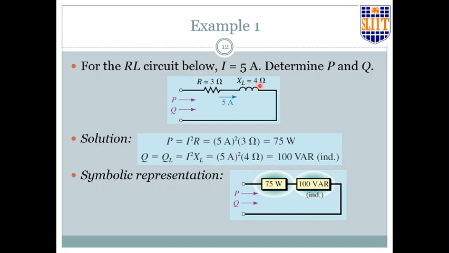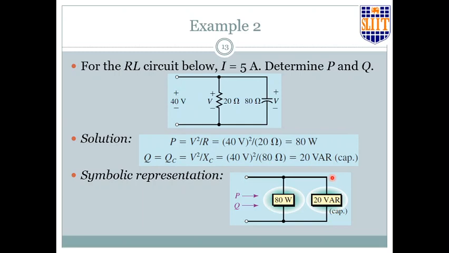XL is 4, so it is 5 squared times 4, which is 100 VAR inductive. So we can now model this circuit in terms of power, as something that consumes 75 watts of real power and 100 VAR of reactive power, right?